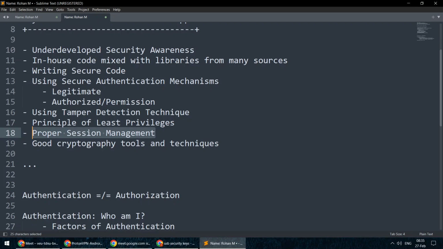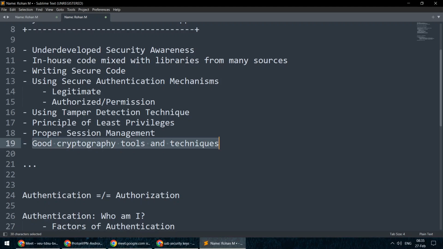So for that reason, maintaining proper sessions and maintaining logs and data related to the sessions should also be done. It is also suggested that you should be using session tokens in place of session identifiers.